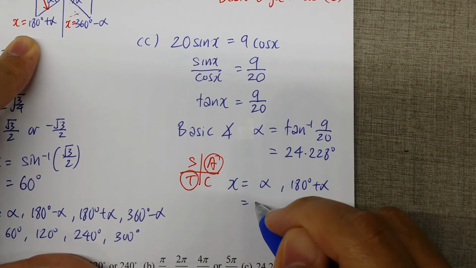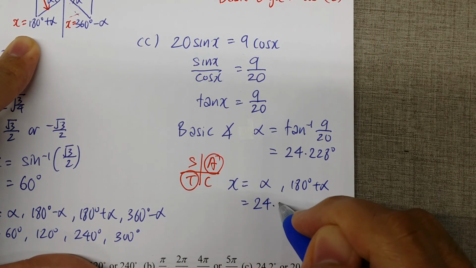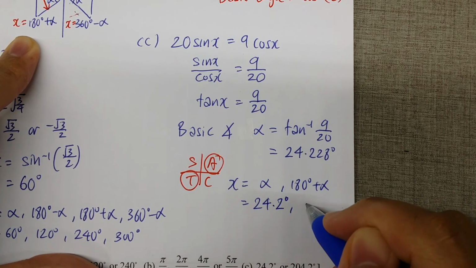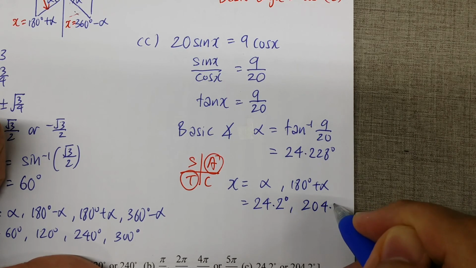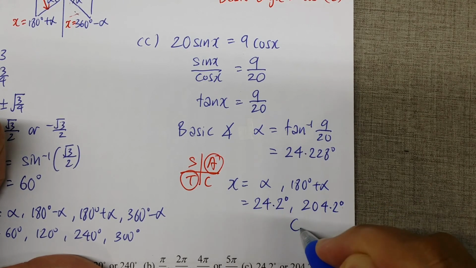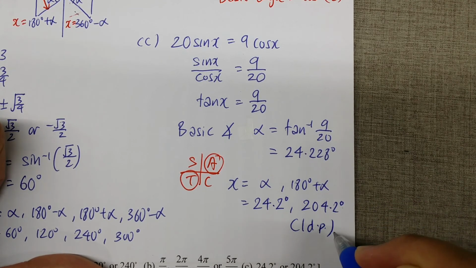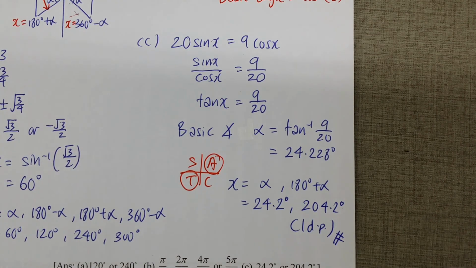I'm worried that the video may not be uploaded. 24.2 degrees or 204.2 degrees. Now I can round to one decimal place, 1 dp. Okay, this is the answer. I'll stop here.